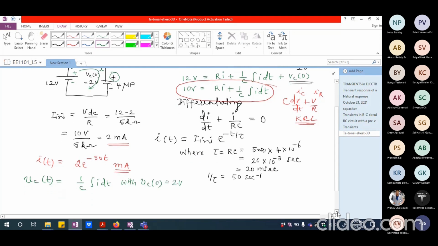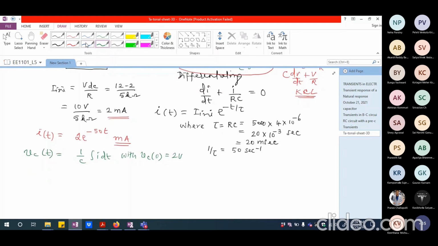So I have to use this expression basically to calculate. Now I can write this as 1 by C multiplied by 2 e power minus 50t dt, plus some constant. Whenever you do the integration, you are going to have some constant.